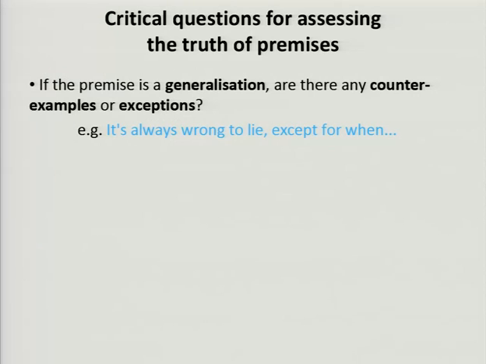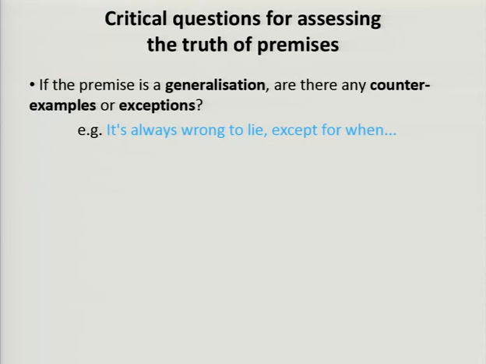If we have a generalization, and we often have this in philosophy, then we might want to ask, are there any counterexamples or exceptions? That's why generalizations are often weak and tricky: can you come up with any good counterexamples for it, any exceptions?